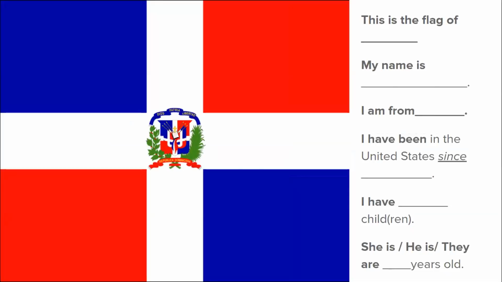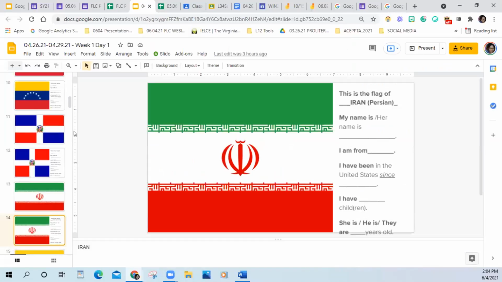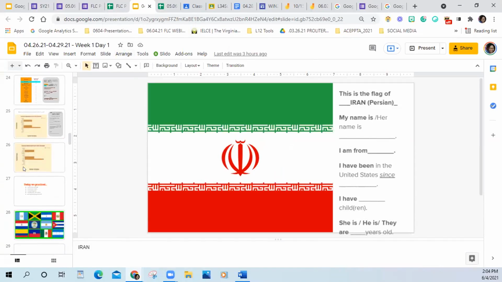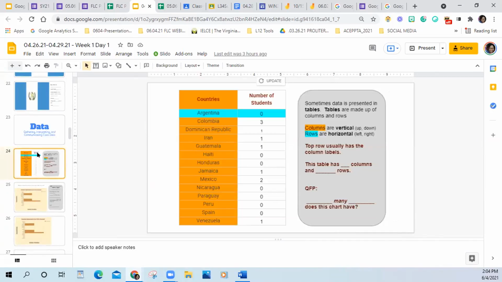So that's just an example of how I use slides the first week of school as an introductory activity with the flags, but then I keep going. And remember the table where I said you can get data? You can also embed your Google Sheets data into slides.